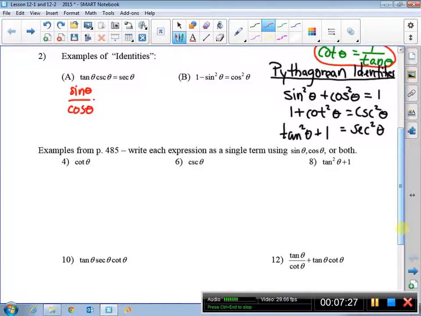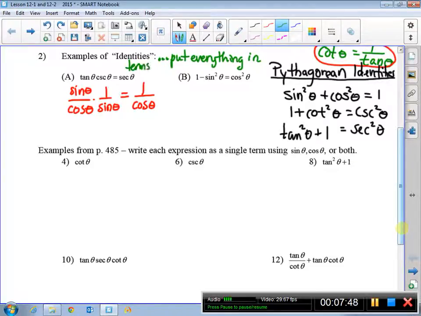We know that cosecant is 1 over sine. And we can even change secant to 1 over cosine. Notice I'm doing my best to put everything, or every term, everything in terms of sine and cosine.